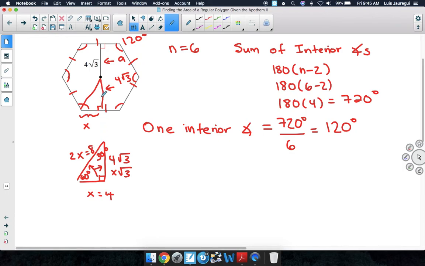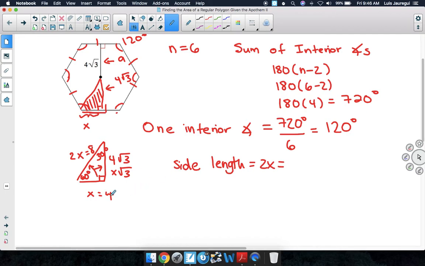Well, what we want to focus on is this particular triangle here. We have the base, which is x, and we also have the actual apothem here. Well, what does that mean? That means the entire base of the hexagon is equal to 2x. So one side length of the hexagon, or the base, is equal to 2x.